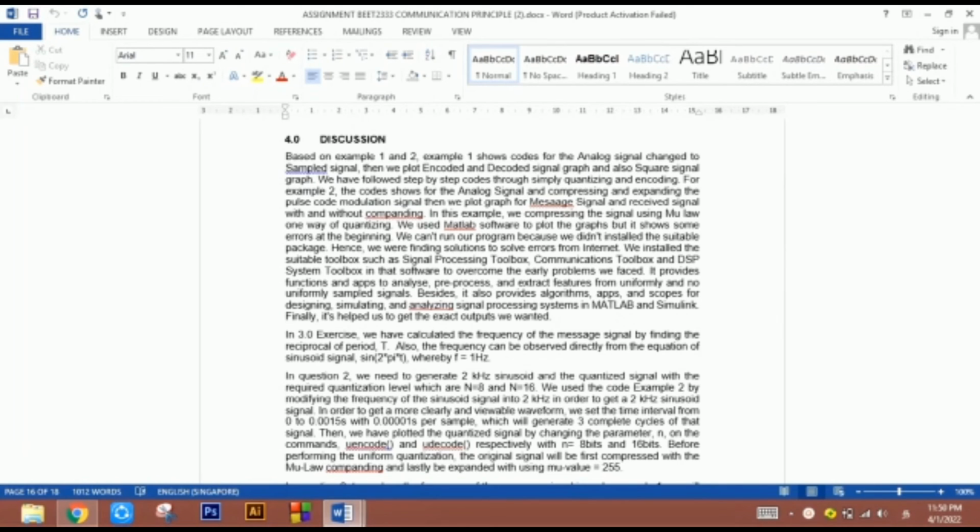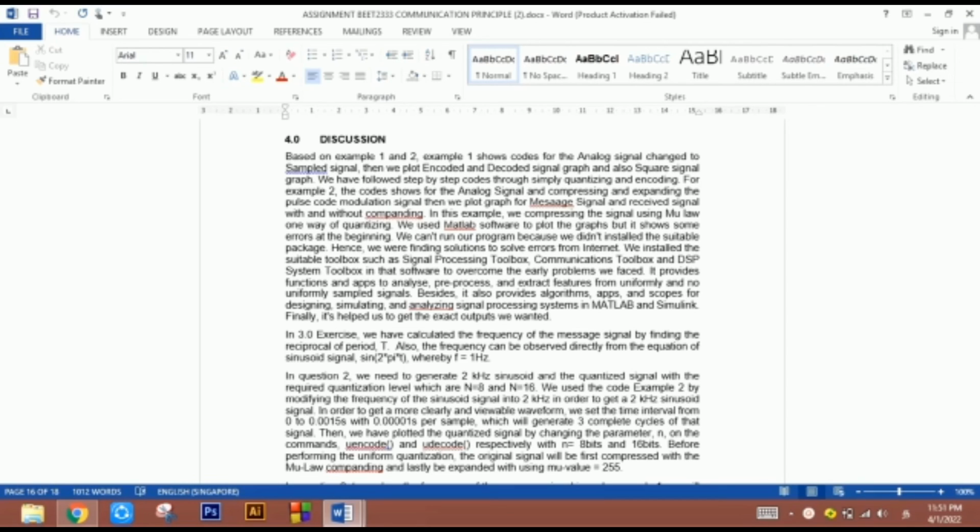In the discussion, we install the suitable toolboxes such as the Signal Processing Toolbox, Communications Toolbox, and DSP System Toolbox in the software, which provide functions and apps to analyze, pre-process, and extract features from uniformly and nonuniformly sampled signals. It also provides algorithms, apps, and scopes for designing, simulating, and analyzing signal processing systems in MATLAB and Simulink.